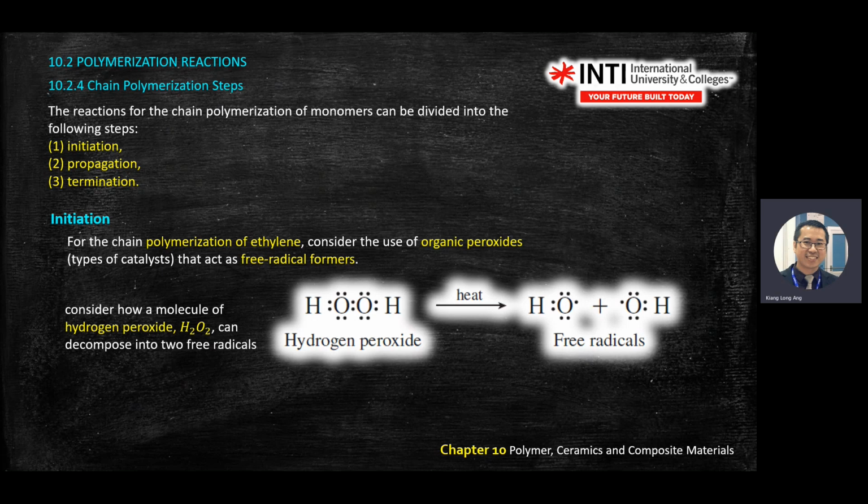What you want to do here is supply heat and break the bond between the oxygens. Why can't you break the hydrogen bond? Hydrogen bond is very, very strong, because you only have one electron, and breaking the hydrogen and oxygen is very hard compared to the covalent bonding. So you break the oxygen bond and you get free radicals.